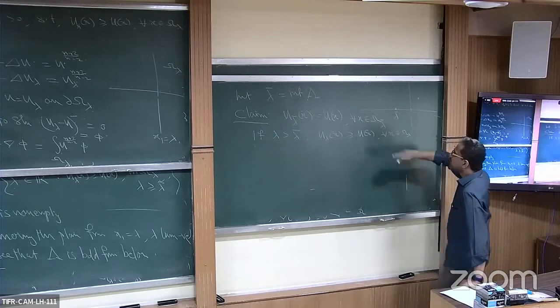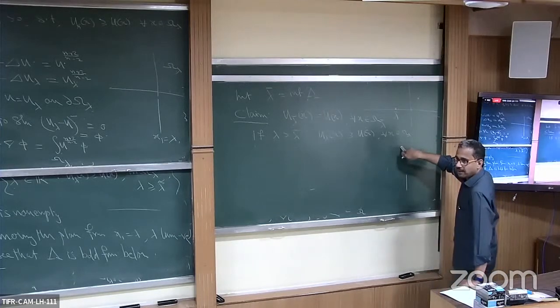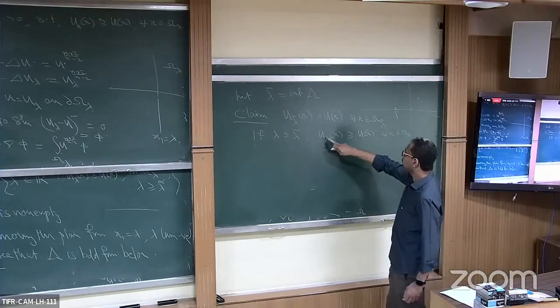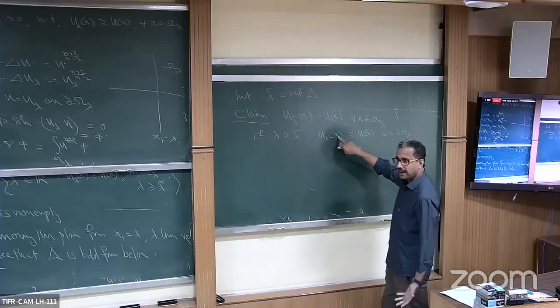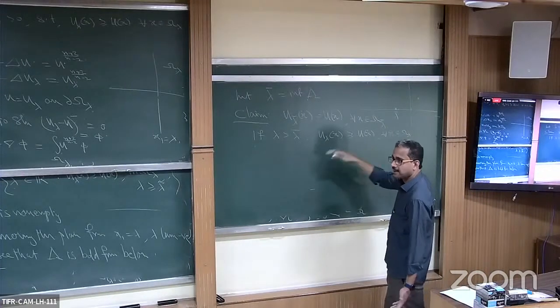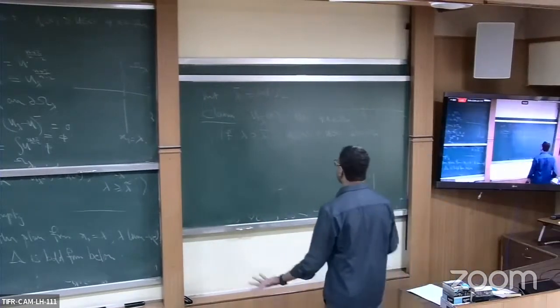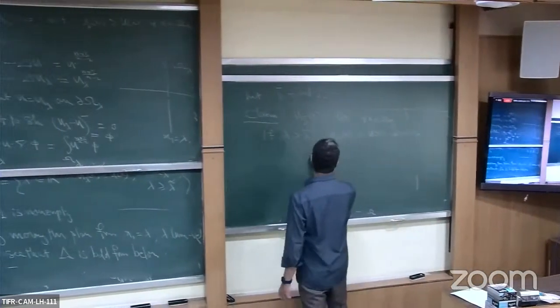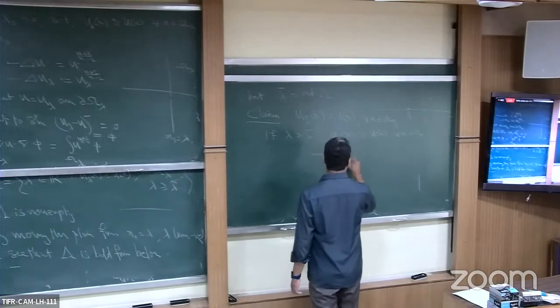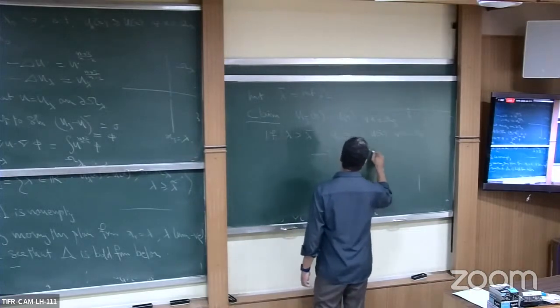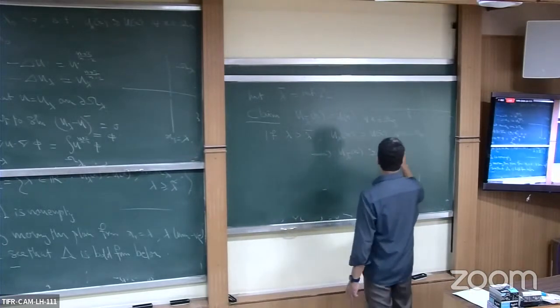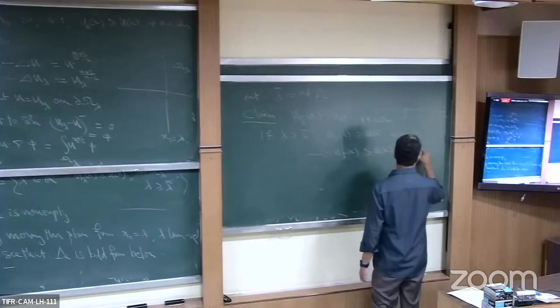This is true for every lambda. Now this is what u lambda of x is, u of x lambda, and you can take the limit, and that is 2x1 minus lambda, right? You can very easily take the limit, and you will see that u lambda bar of x is going to be greater than or equal to u of x for all x in omega.